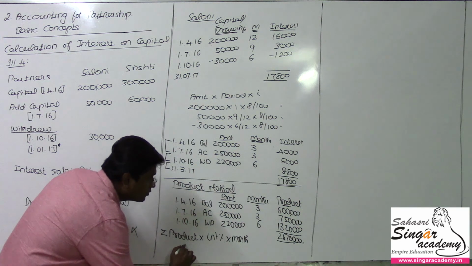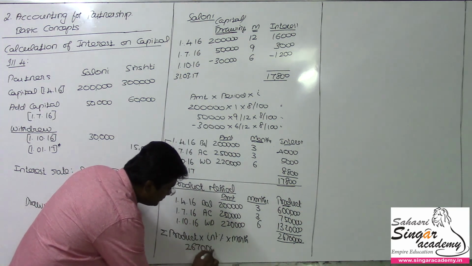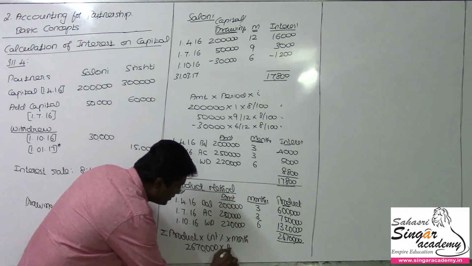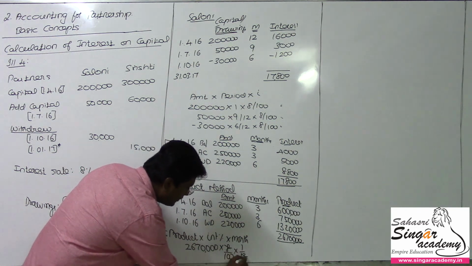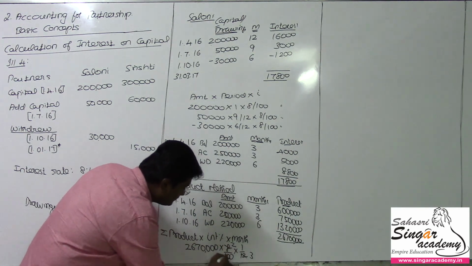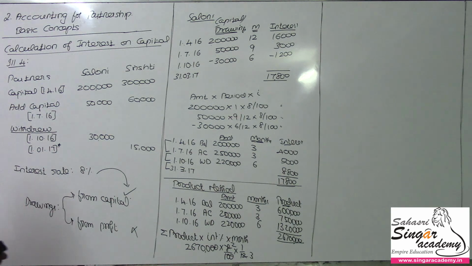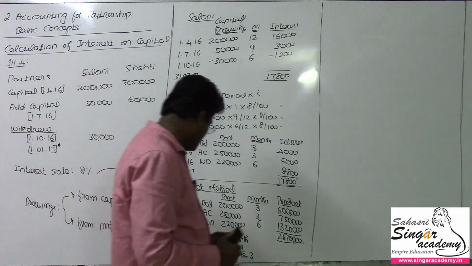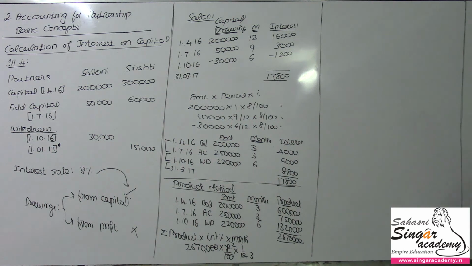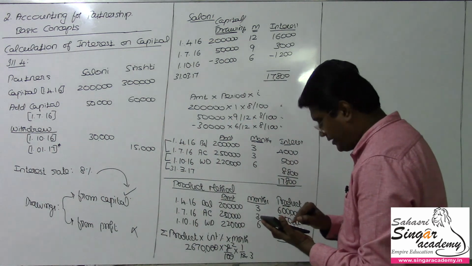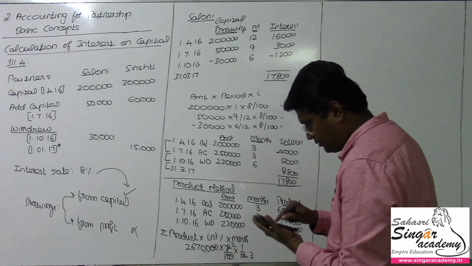So 26 lakhs 70,000 multiplied with the rate of interest being 8% into 1/12. So 2 times and 3 times. Okay, 2/3 of 26,700, or 26,700 into 2/3. I now depend on the calculator here. 26,700 into 2/3.